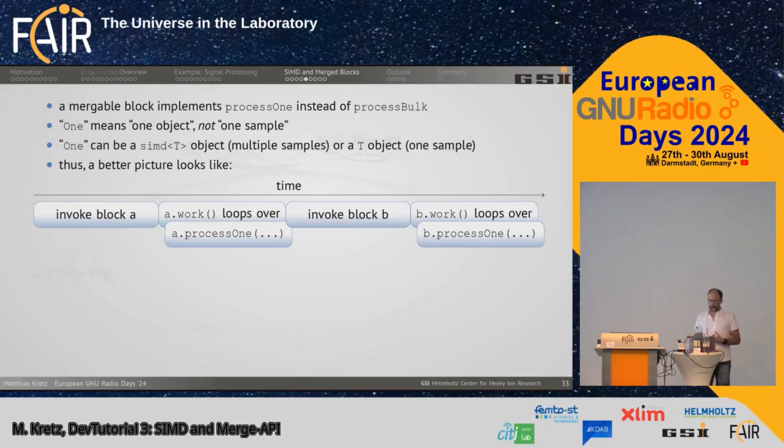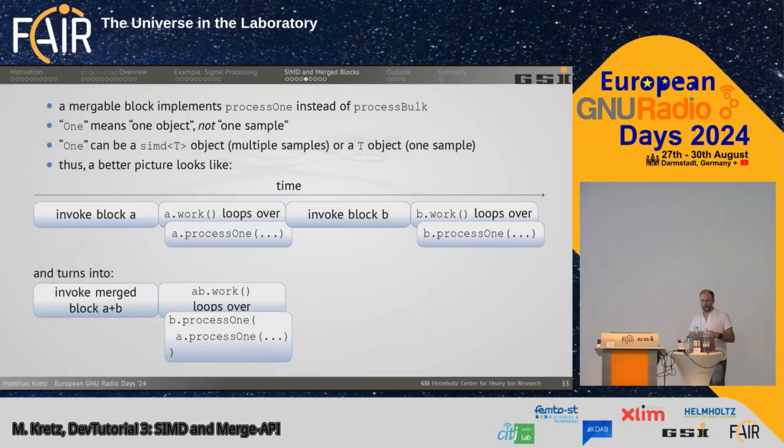So a better picture looks like we're going from this, where we have the invocation calling this work function, which does the loop over the process one functions, and then going to the B work loop over the process one functions, into a new type, the A plus B type, which now has a work function, which does a loop over this.